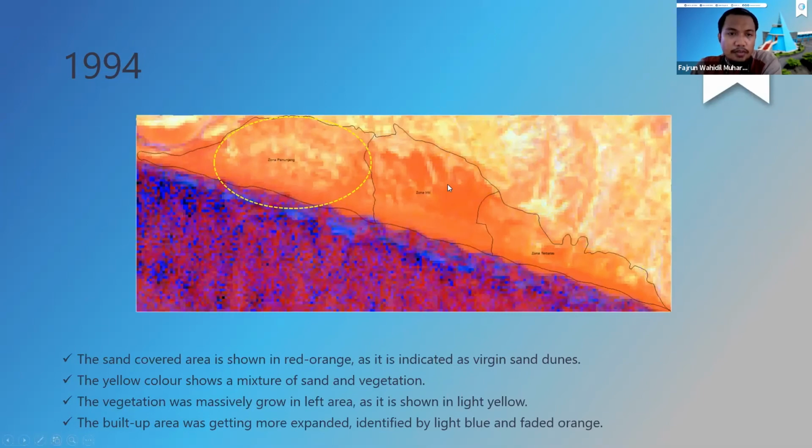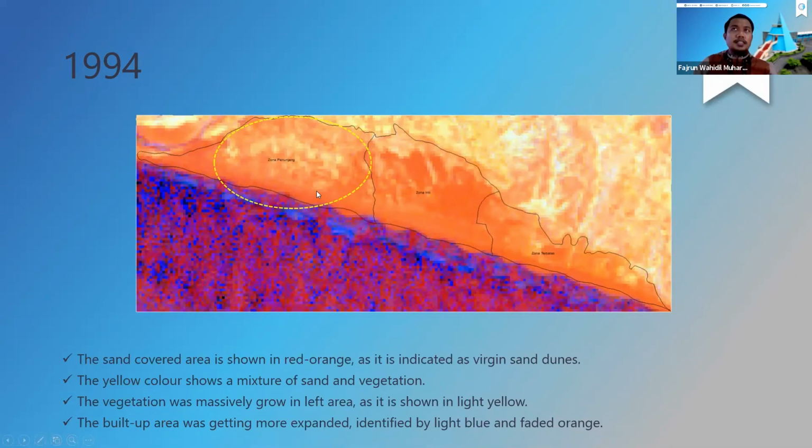In 1994, there is a massive change of the land cover in the left of the sand dune area that we identify as vegetation because it has a light yellow color.